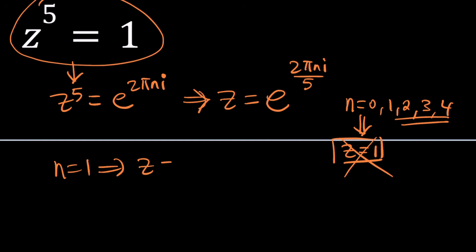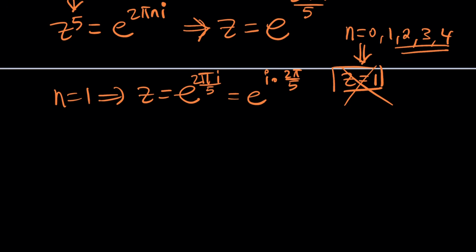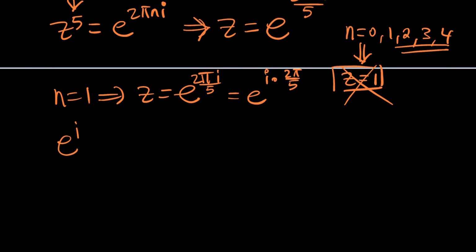So z becomes e to the power 2 pi i over 5, right? Or you can write this as e to the power i times 2 pi over 5, which is important because Euler, who is the best mathematician of all times, in my opinion, said e to the i theta, and no one else could say something at this level, okay, something of this magnitude, cosine theta plus i sine theta.